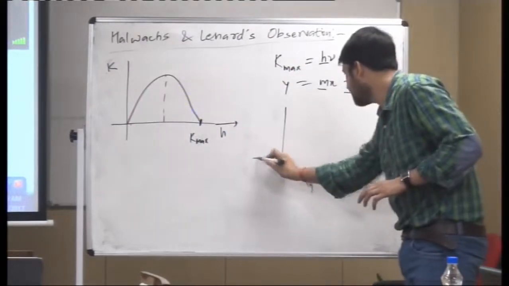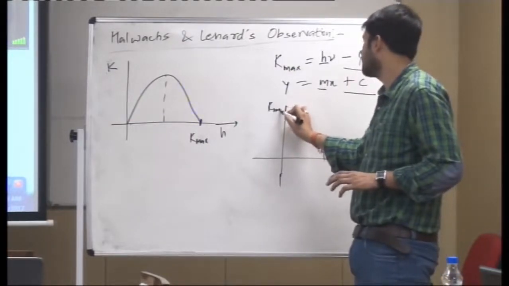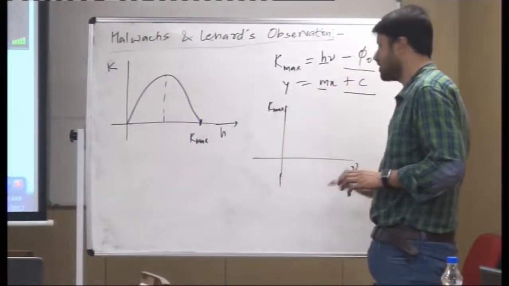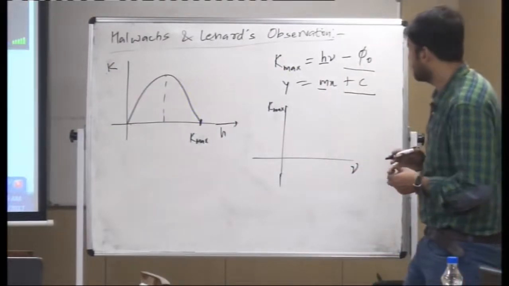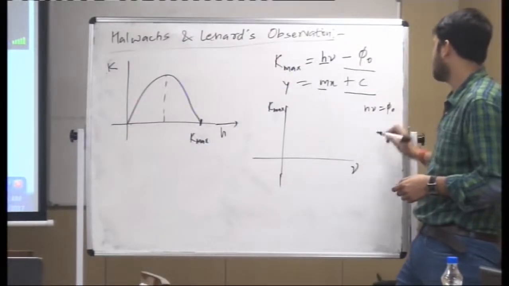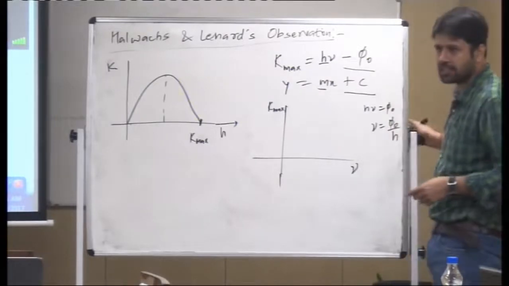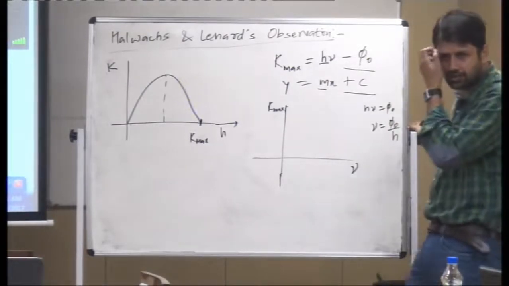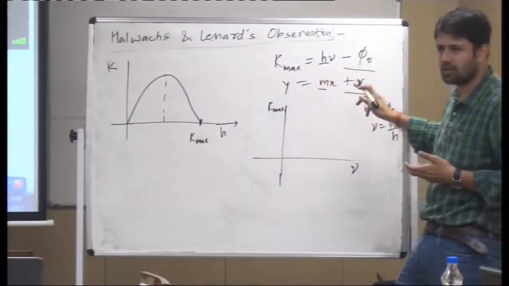So if I draw this, on the y-axis it is K max, on the x-axis it is frequency. You can understand that when h nu is equal to phi naught, or frequency is phi naught by h, which is work function by h, the K max is 0.